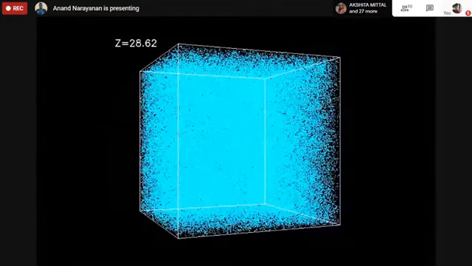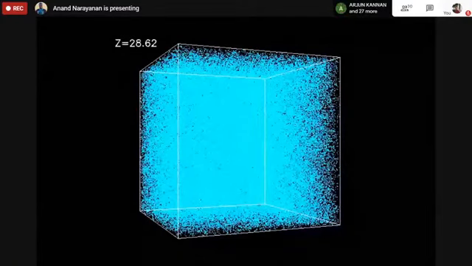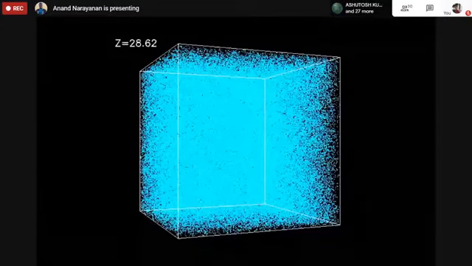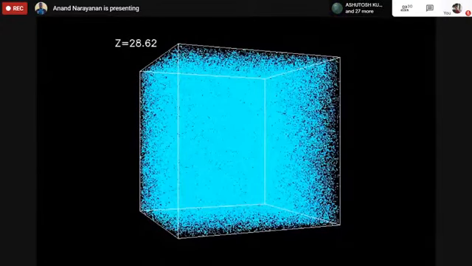They don't interfere in any way. They just allow the universe to evolve within this box under the influence of gravity. So we'll see what one of these simulations looks like. As the simulation runs, you will see the redshift value decreasing, and that represents the passage of time. So here you go.